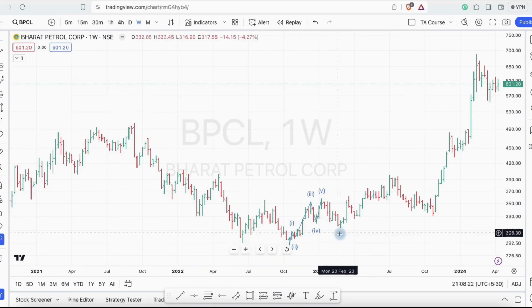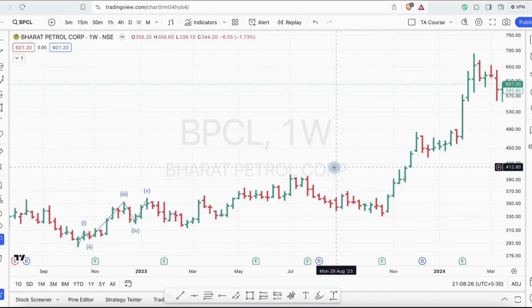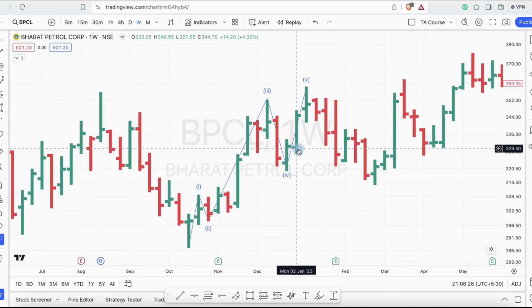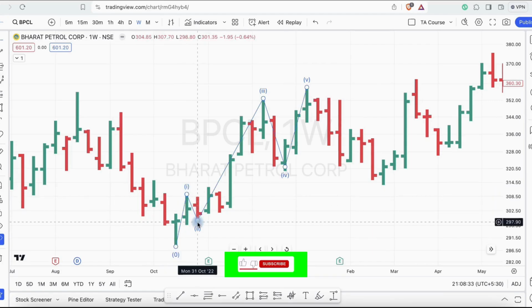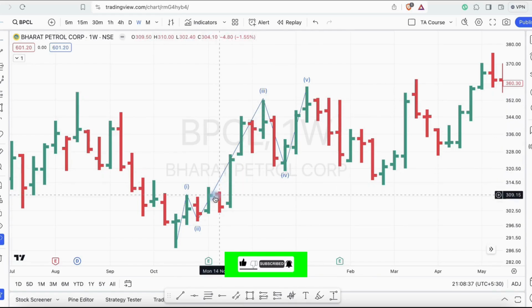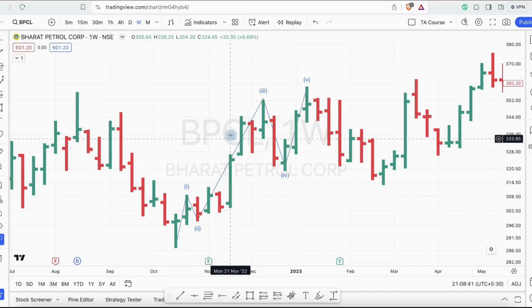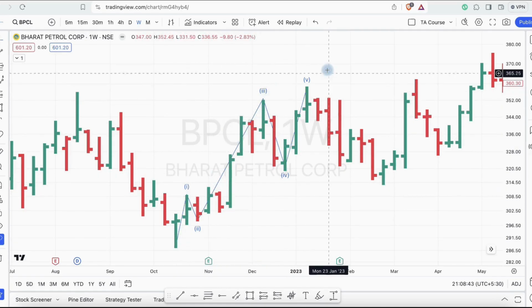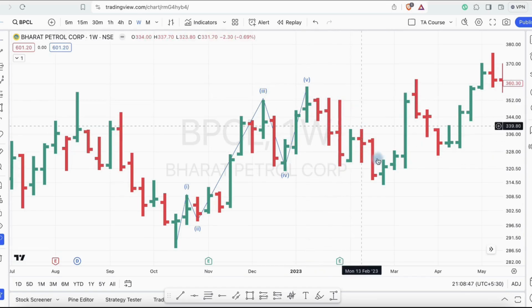From this most significant low we can see a 5-wave rise in the form of, if we zoom in, wave 1, 2, 3, 4, 5. Here you can see wave 3 was actually subdivided or extended. Within wave 3 we can see 1, 2, 3, 4, 5. So here you have 9 legs, right? It was followed by an ABC correction, and then the move continued above.